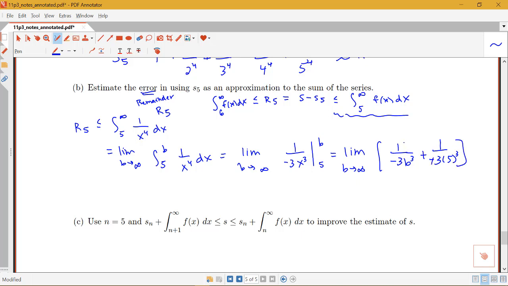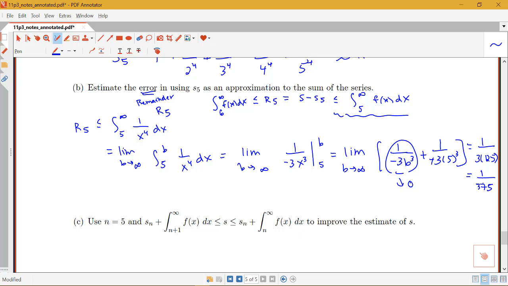As b goes to infinity, this 1 over negative 3b cubed will be going to 0, because that denominator will be getting very, very large. So we see that our limit comes out to 1 over 3 times 5 cubed. Notice that 5 cubed is 125, so this will be 1 over 375 as the upper bound.